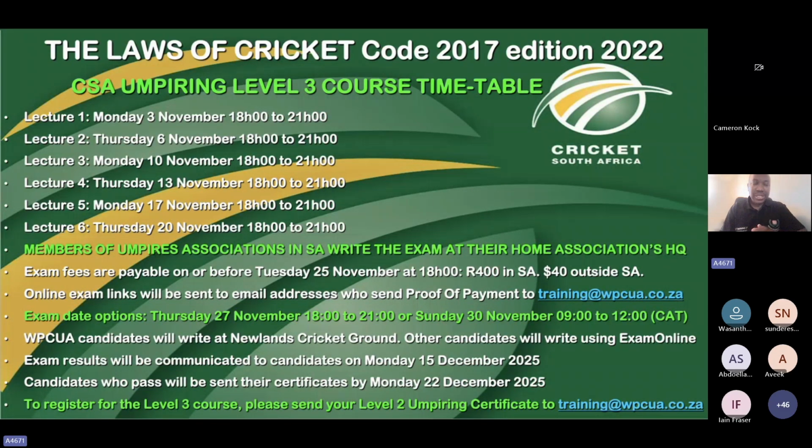You will get a Western Province Cricket Umpires Association level 3 certificate, but on the certificate, it will mention that you passed Cricket South Africa's level 3 exam. That's a new technicality that we've had to adjust to because of the regulation change by Cricket South Africa in June 2025. We do have happy candidates from level 2 who received WPCUA level 2 certificates and are now joining us for level 3.